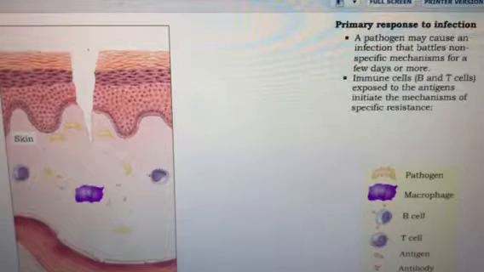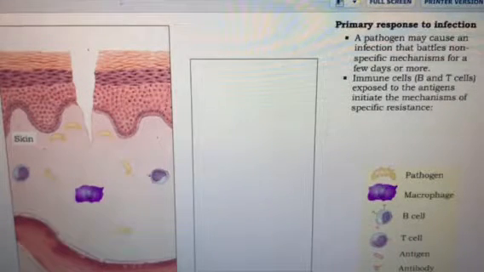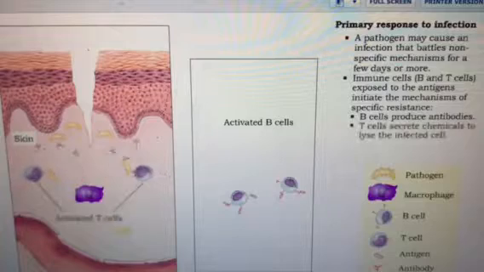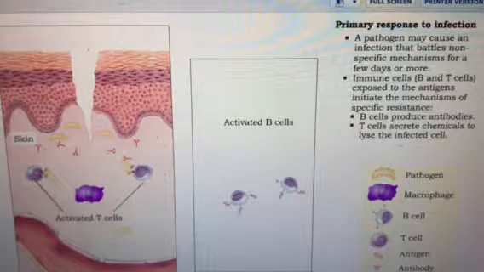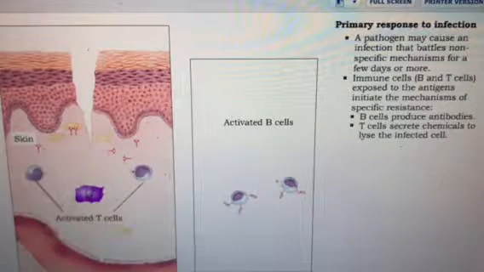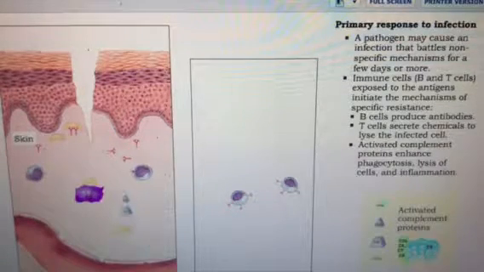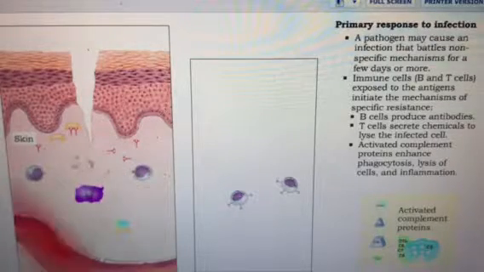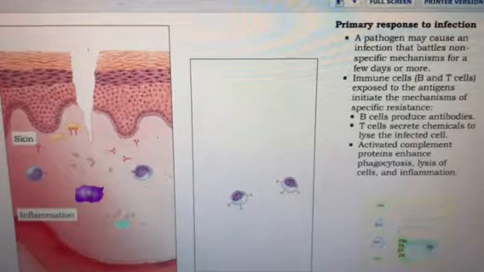Meanwhile, immune cells are being exposed to the antigens, initiating a specific response to the invader. Activated B lymphocytes produce antibodies, and activated T lymphocytes secrete chemicals to lyse or burst the infected cell. In addition, activated complement proteins enhance phagocytosis, lysis of cells, and inflammation.